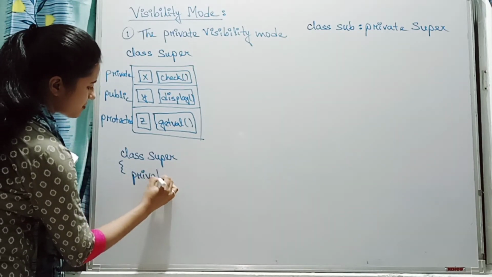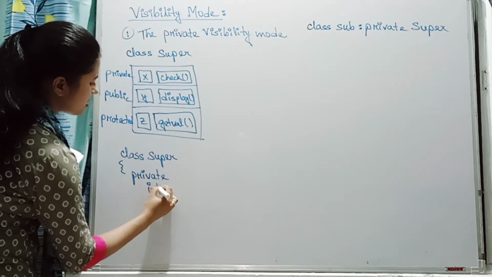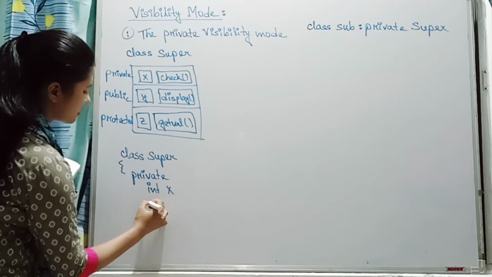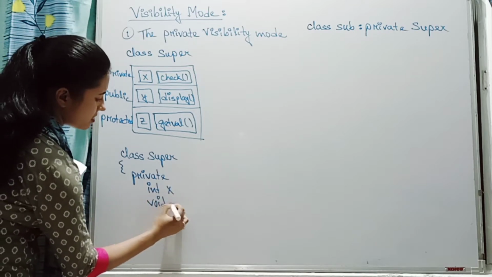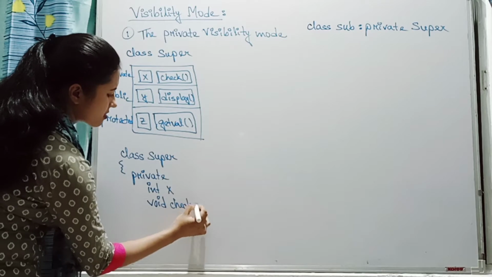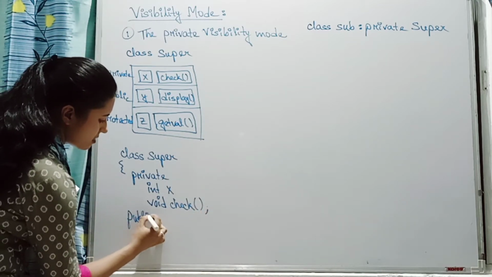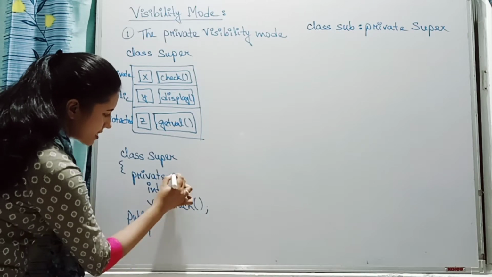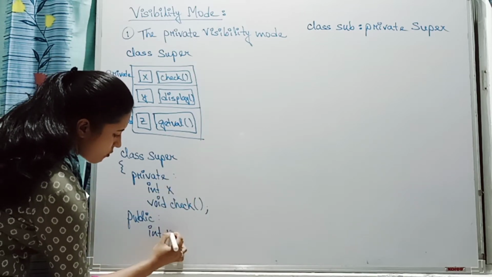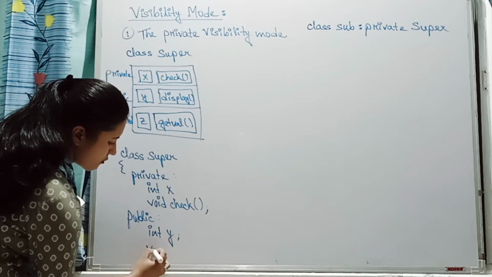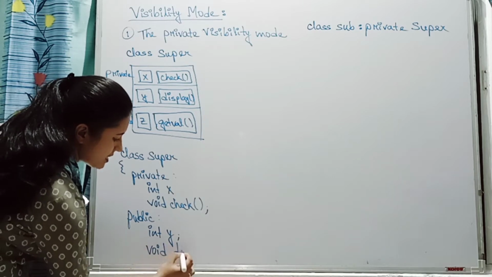Private: int x, void check. Then public: int y, void display.